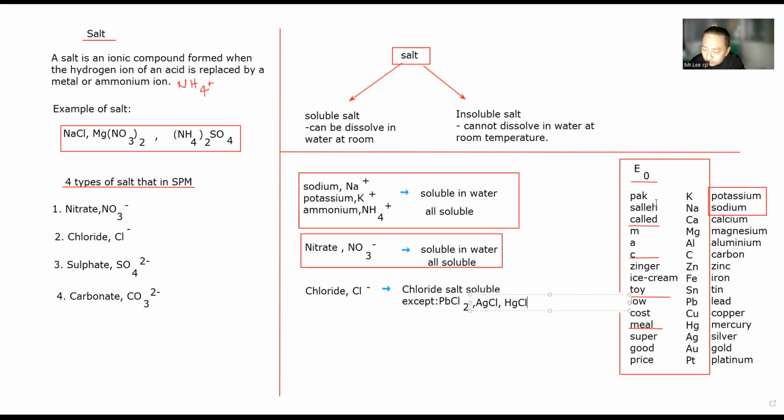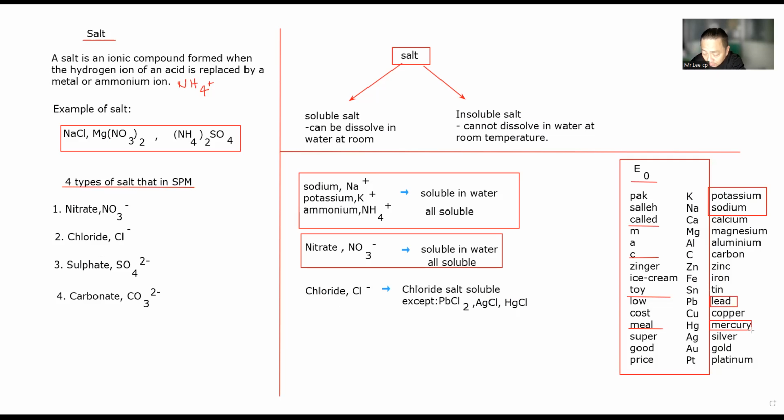All right. Meaning that potassium chloride, soluble. Sodium chloride, soluble. Calcium chloride, soluble. Aluminum, magnesium, zinc, soluble. Iron chloride, soluble in water. Start from tin, you need to be careful already. Tin, still soluble. Lead, not soluble.